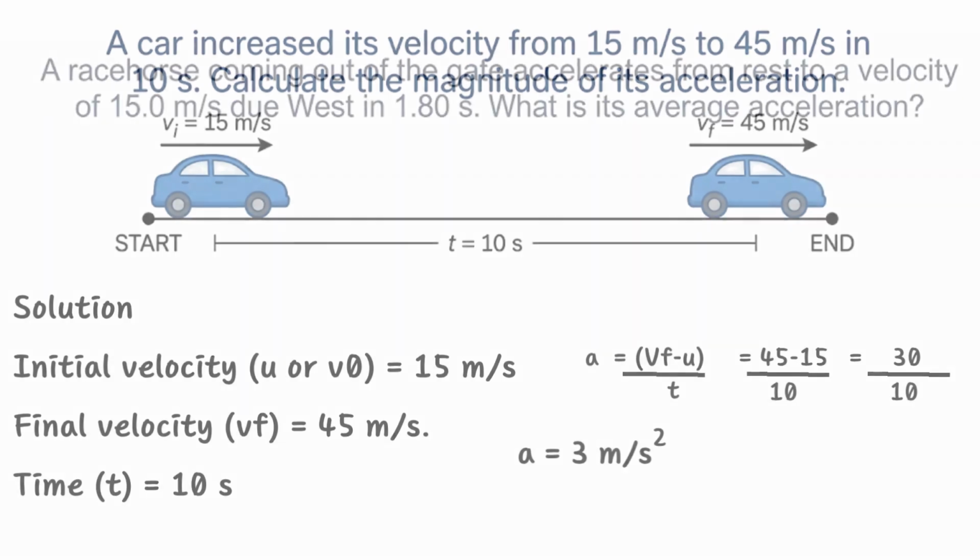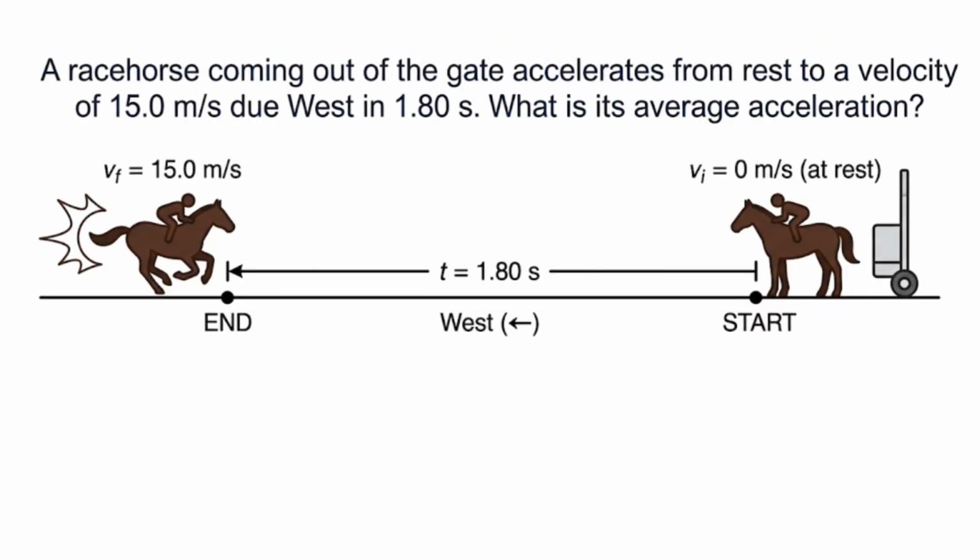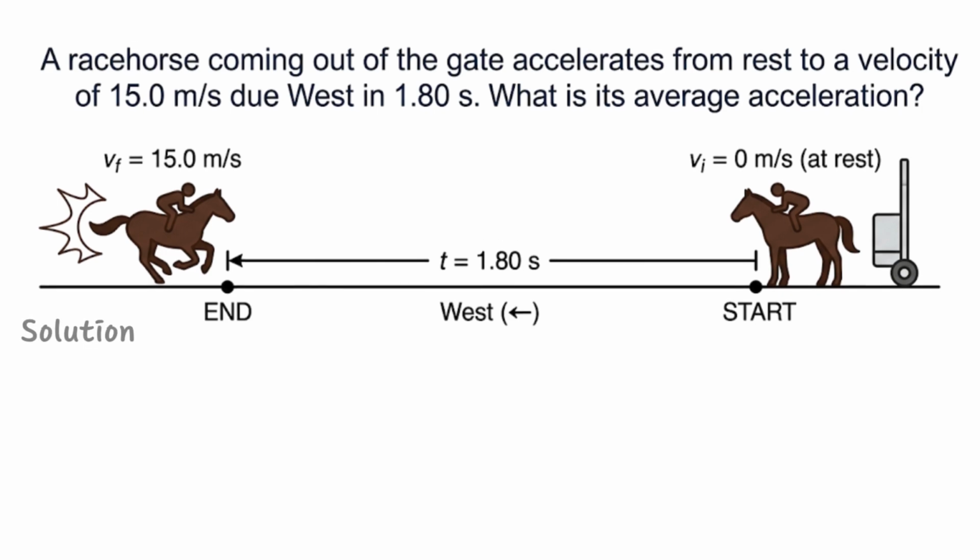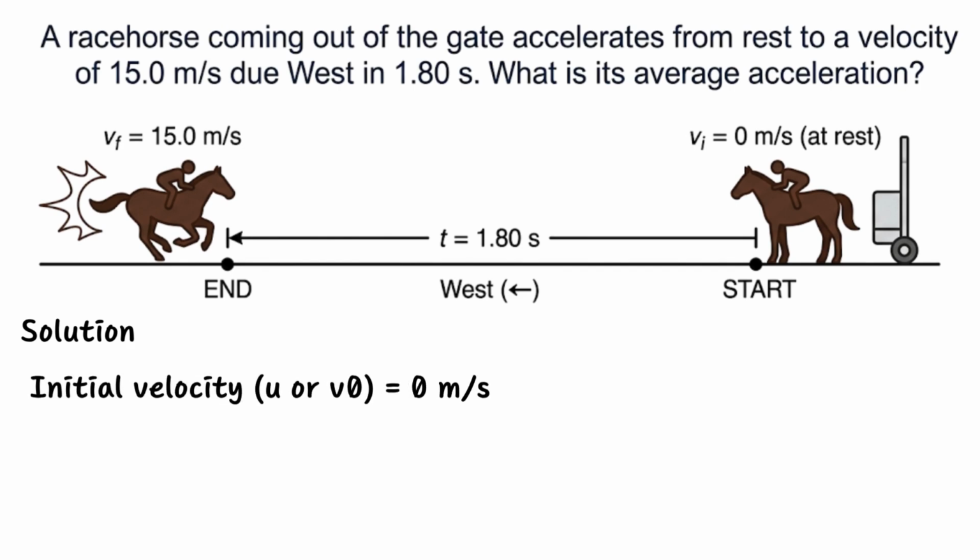Another example, a racehorse coming out of the gate accelerates from rest to a velocity of 15 meters per second due west in 1.8 seconds. What is the average acceleration? So remember, we said west is usually movement in the negative direction and east is positive. In this scenario, initial velocity is 0.